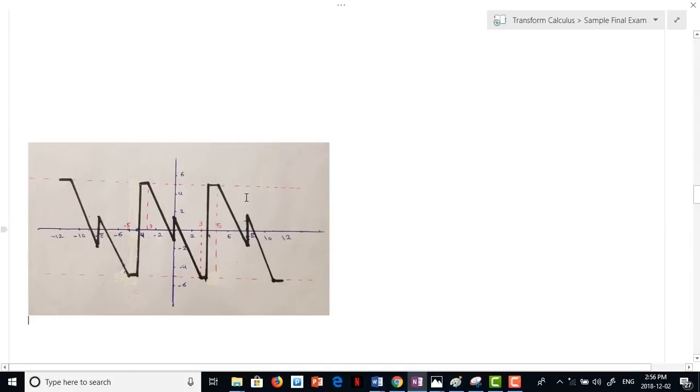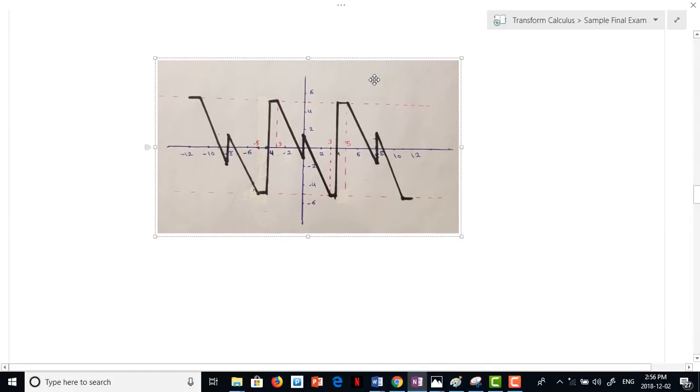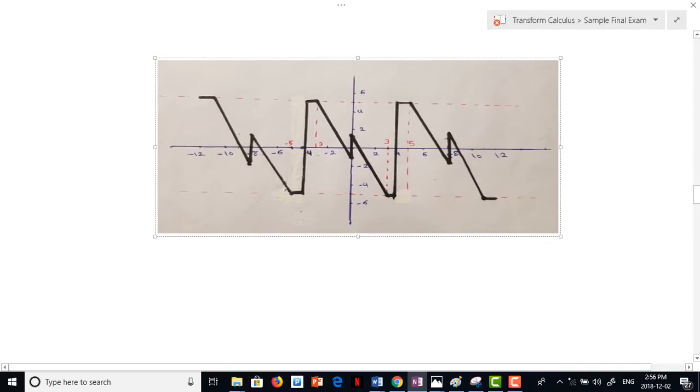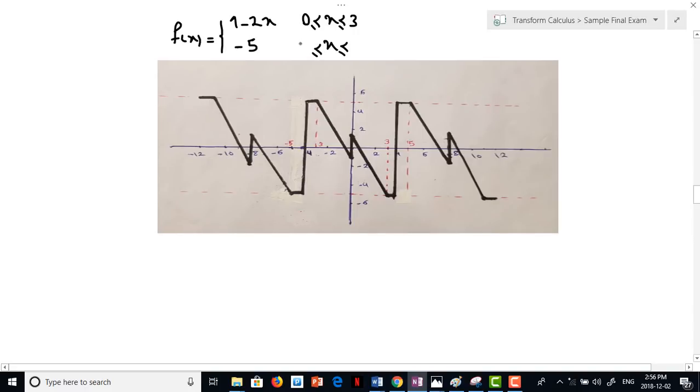So let's do it here. Again, I sketched this function on paper and I just bring it here. The Fourier sine series would be in this form. f(x) was equal to 1 minus 2x when x is between 0 and 3, and it's minus 5 when x is between 3 and 4.